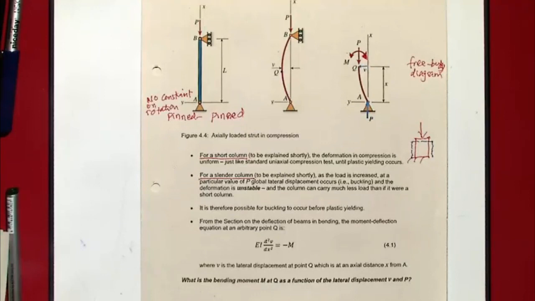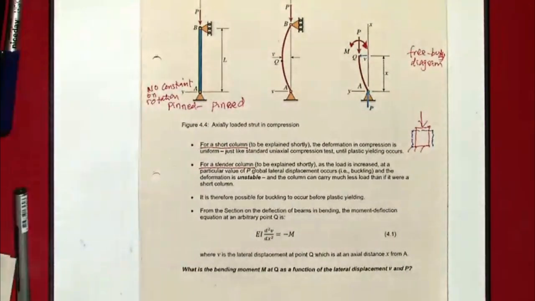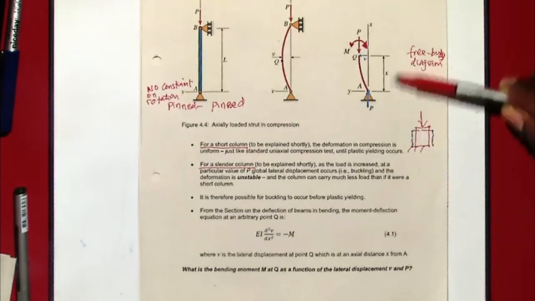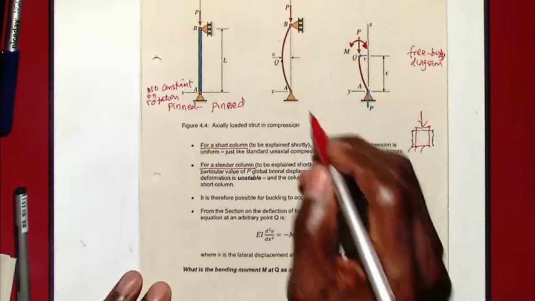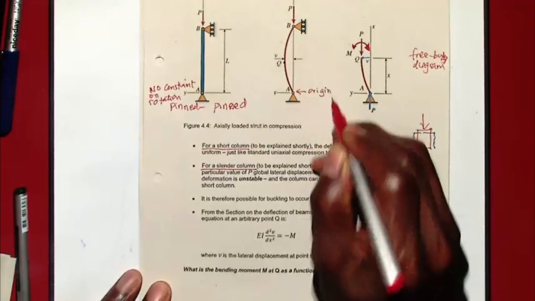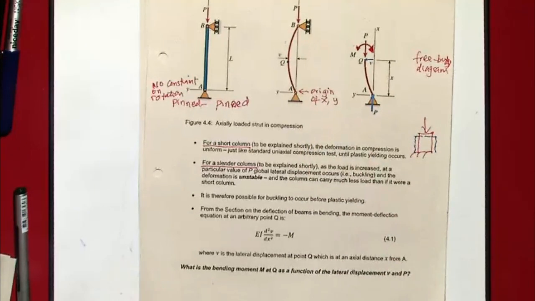So we can look at what is the magnitude of that bending moment as a function of that load P, and as a function of the movement that we get. The movement we've denoted by V, and it is at a distance x from our reference. That point there is the origin of x and y.